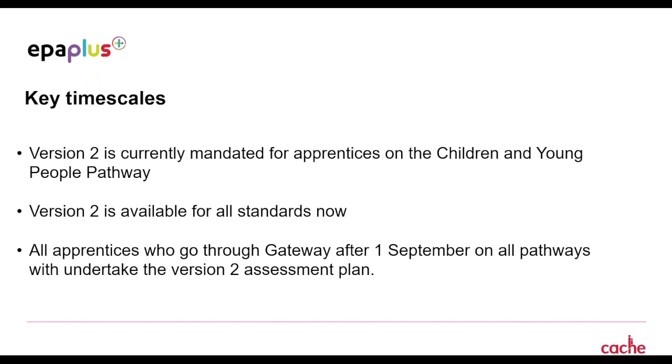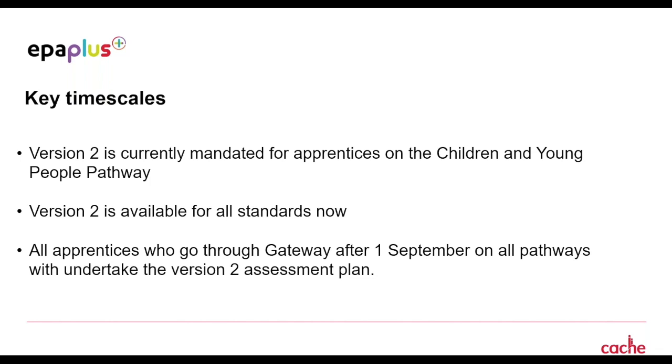So key timescales for version 2. The version 2 assessment plan is currently mandated for apprentices on the children and young people pathway. So if any of you are delivering the children and young people pathway, you'll be familiar with that already. The version 2 assessment plan is available for all standards now, and the independent endpoint assessor will confirm with you which version is appropriate for that apprentice.